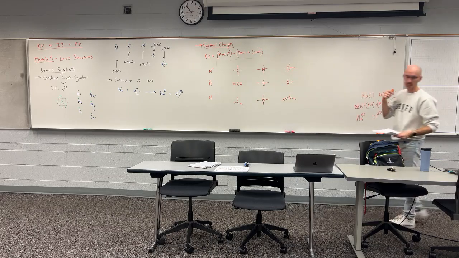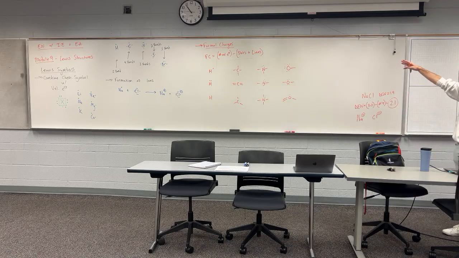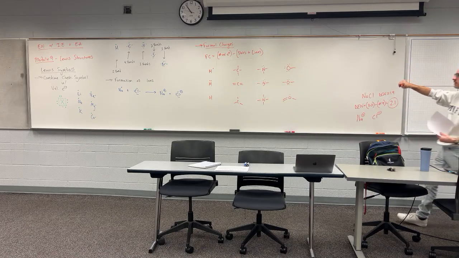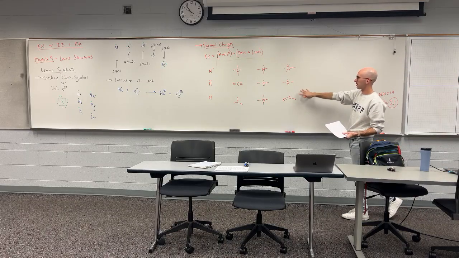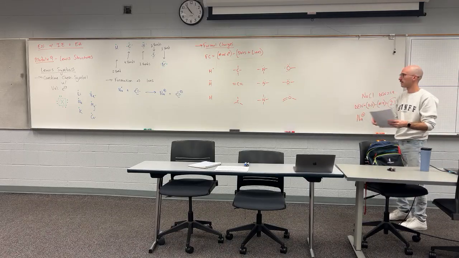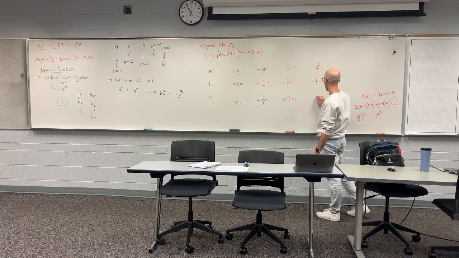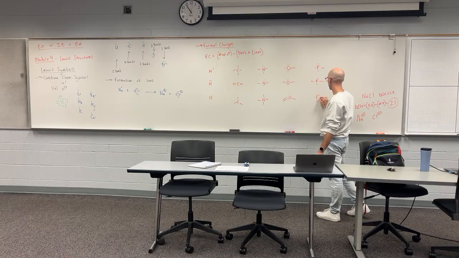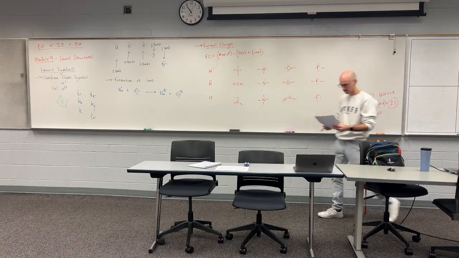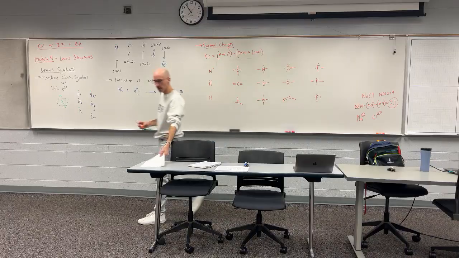Something similar with oxygen. 3 pairs in 1 line, 2 pairs in 2 lines, 1 pair in 3 lines. And we'll look at a representative of our halogen family, fluorine. You'll notice we're not doing the bottom row yet.